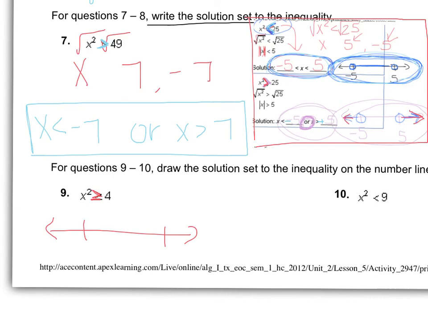So just figure out what my number is. To do that, all I've got to do is take the square root of 4. Square root of 4 is 2 and negative 2. So that's my 2 numbers that go on my number line. In this case, because it is greater than or equal to, my dots are going to be solid. And I'm going to draw arrows going opposite directions.